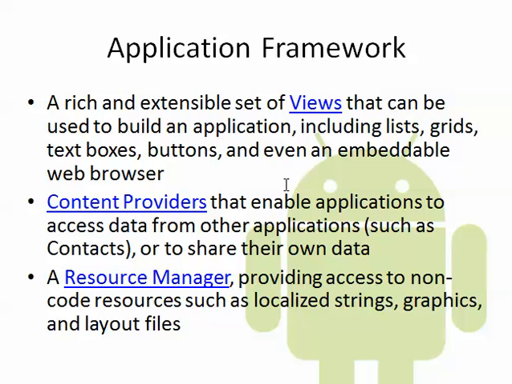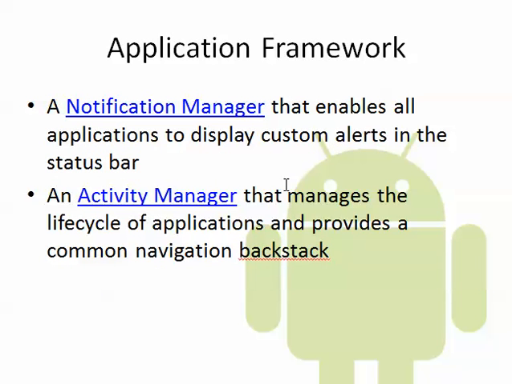Maybe one is interested in knowing what your favorites are that you saved in your browser. The resource manager is the one that has information about, for example, strings, pictures, and whatever is not related to code. Notification manager, activity manager.